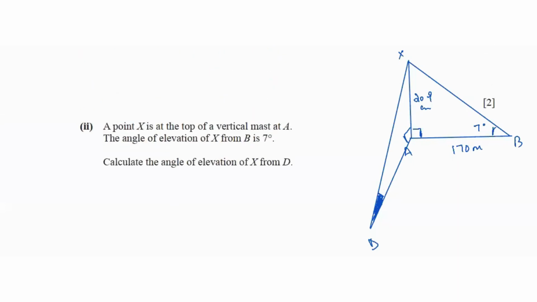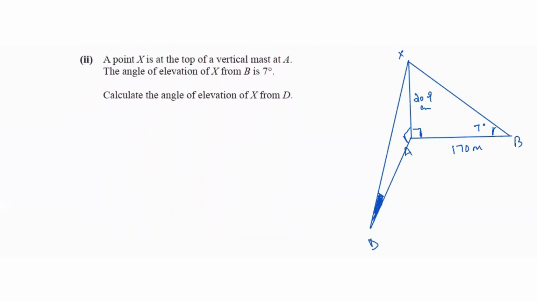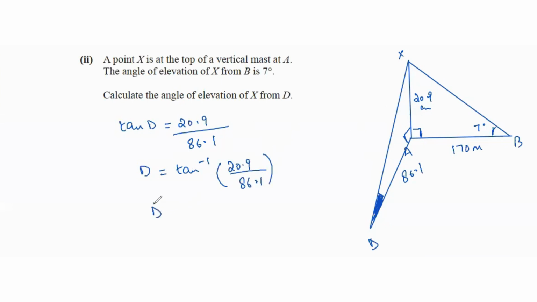We already found the distance of AD, which was 86.1. So we have the opposite, we have the adjacent, we have to calculate this angle. So what we can do is we can use tan again. Tan of angle D equals 20.9 divided by 86.1. So D would be tan inverse of 20.9 divided by 86.1. And that is going to equal 13.6. That is your answer.